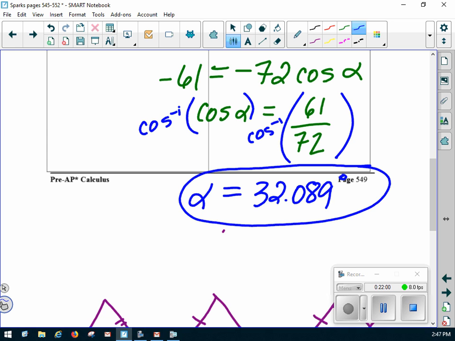Since we're using alpha, store that in A. That way, if we need it, we've got it. And I would suggest when you store, make yourself a little note to remind you where you stored it. Because you'd be getting to it and you'd think, I don't remember where I put that. All right, so you got that one, right?